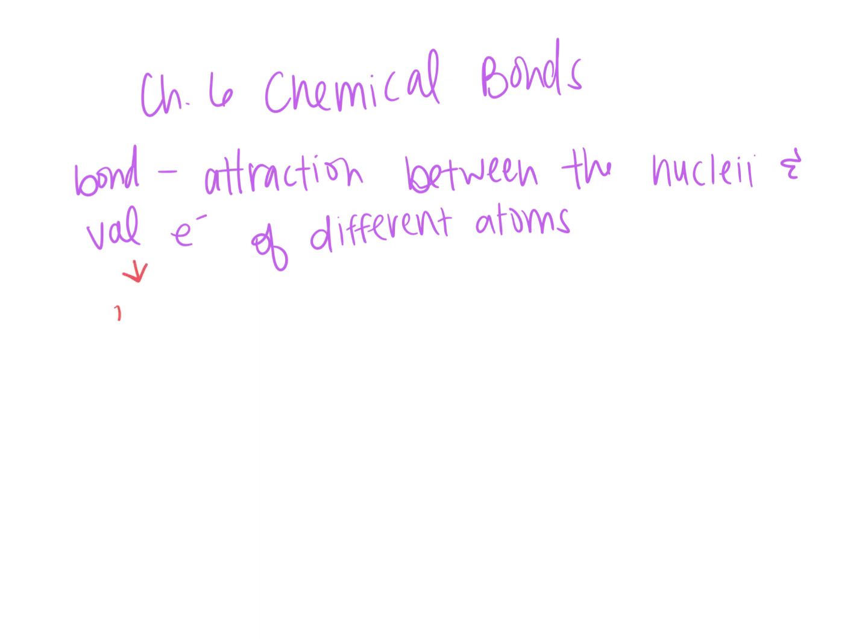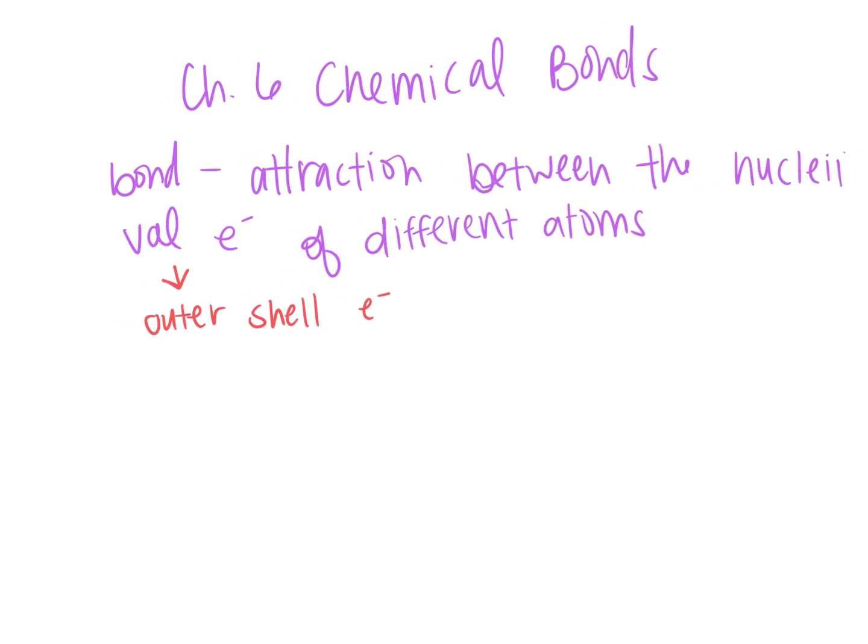Valence electrons are the outer shell electrons. Okay, and if you're not sure about this abbreviation right here, we should write it all the way out. Valence is V-A-L-E-N-C-E. Valence electrons, that's what that means. The outer shell electrons. That means that those are the electrons available for bonding. Okay, they are available to bond.